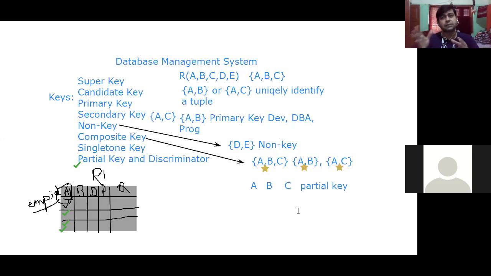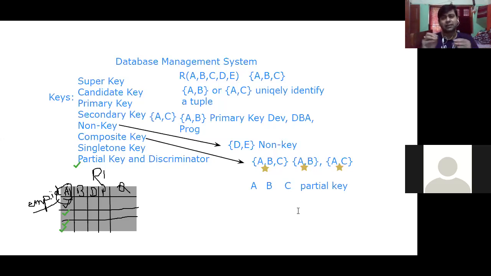When it is a part of a primary key, it is not a full primary key or full candidate key. So it is called a discriminator, but somehow it can discriminate some values from the entire record set. That is why it is synonymous with partial key. So discriminator is a partial key, but not all partial keys are discriminators.